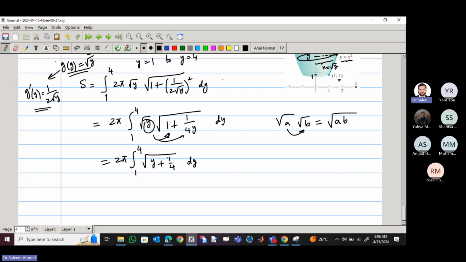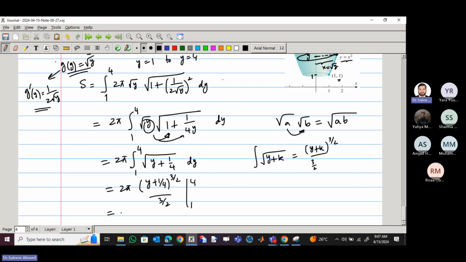So again, you can take u as y, but if you have just y plus a constant in a square root and you integrate, you don't even need to substitute. You can just use the power rule. So this will become 2 pi times y plus 1 by 4 to the power 3 by 2, divided by 3 by 2, from 1 to 4.